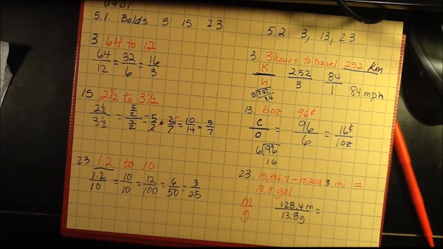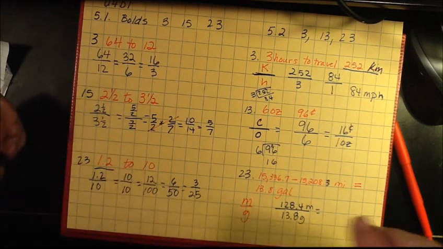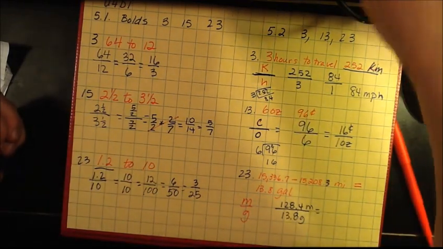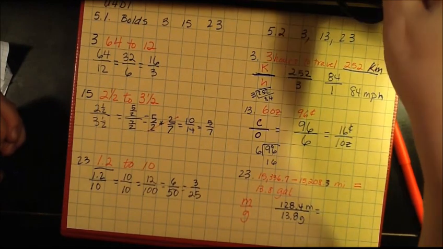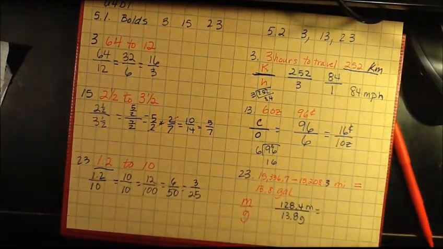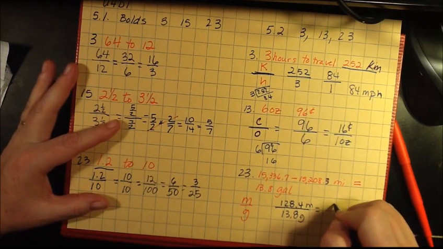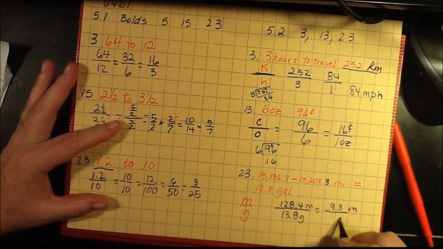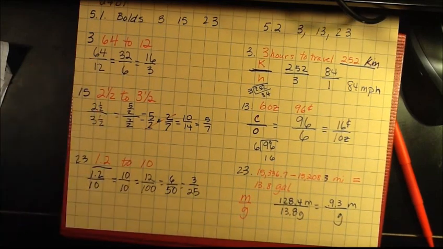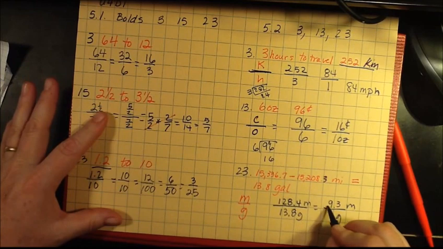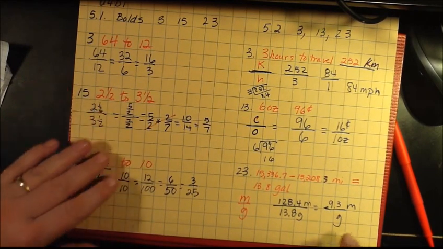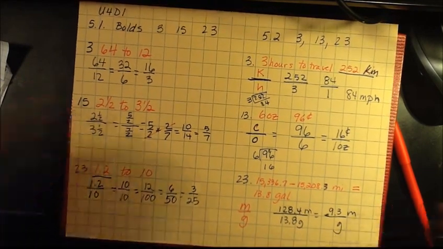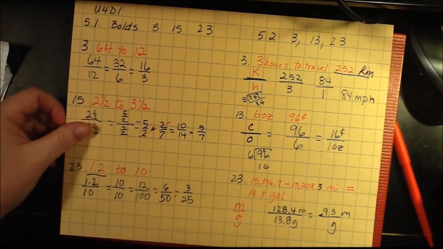And again, I'm going to use my calculator and divide that by 13.8, and I get 9.3 miles to the gallon. Not very good mileage, but it is a big truck, I guess. And that's not a decimal point. So those are the bolded problems for Unit 4, Day 1, and we'll see you next time.